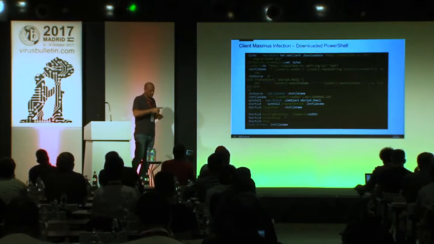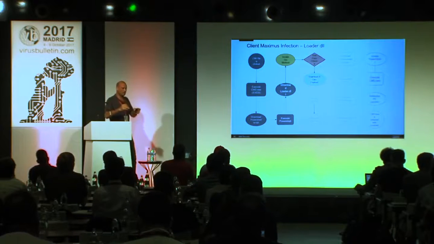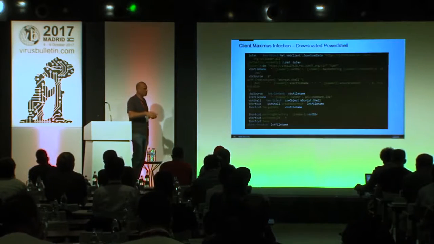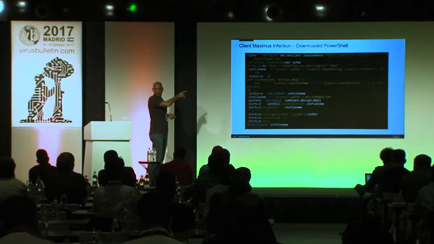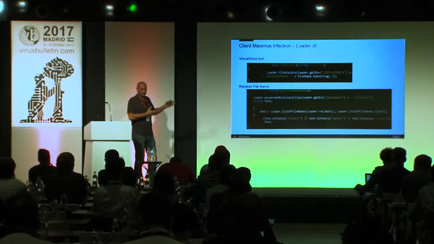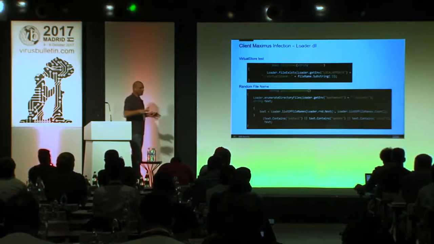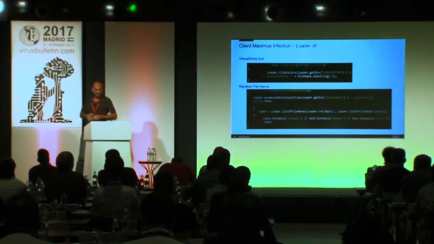So let's go over the next step, what's actually going on in the DLL downloaded. Just to remind you, we're talking about downloading a .NET DLL, loading it, and calling the go method on the third line, right? So this is the DLL. It's not obfuscated. You can check it out in ILSpy or any other reflector.